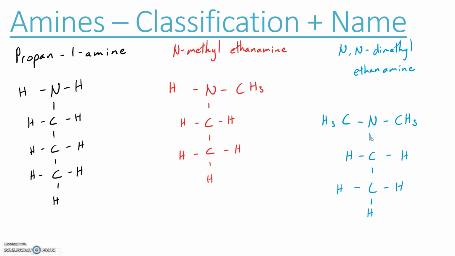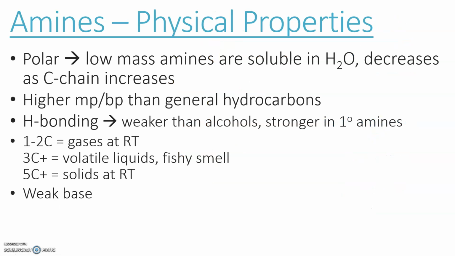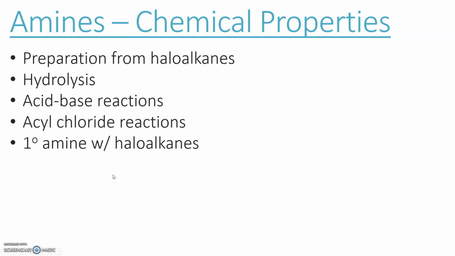And there's no hydrogen bonding in tertiary amines because the nitrogen is not attached to a hydrogen. So the smallest amines are gases, and then 3 to 4 carbons are liquids, and 5 plus are solids at room temperature. And amines are weak bases.